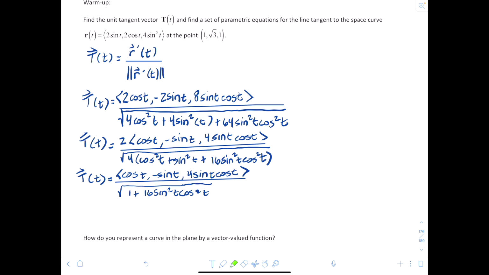And remember, this here is how we got the 1. Groovy? Okay, so now you're probably saying, well, hey, where do I plug in the 1, the root 3, and the 1, right?